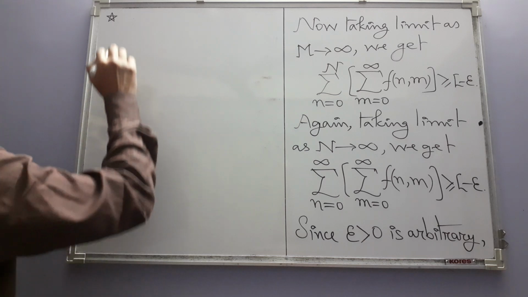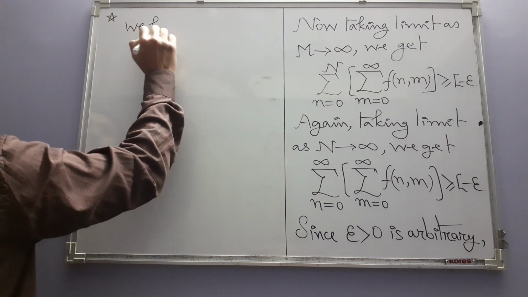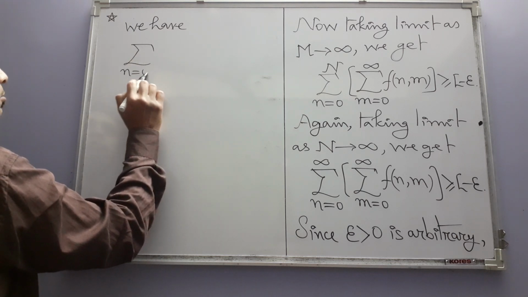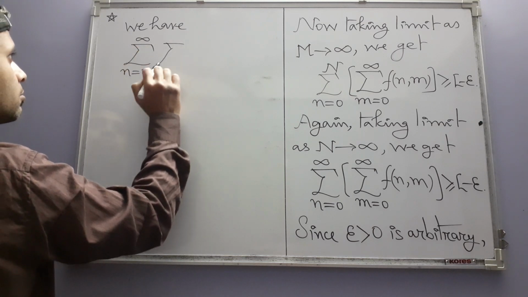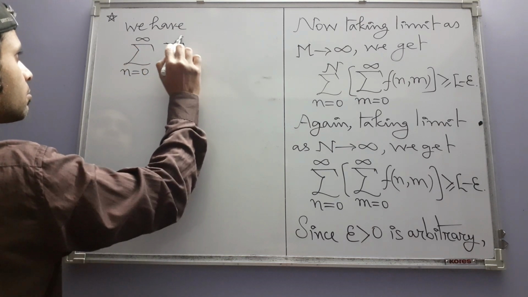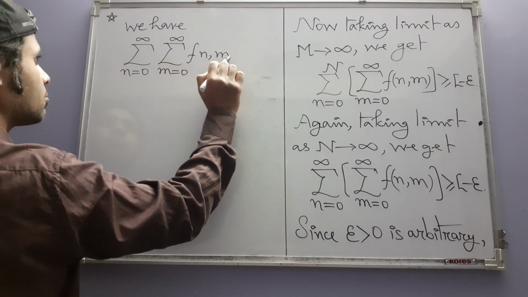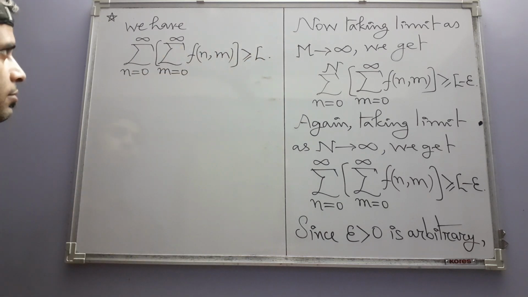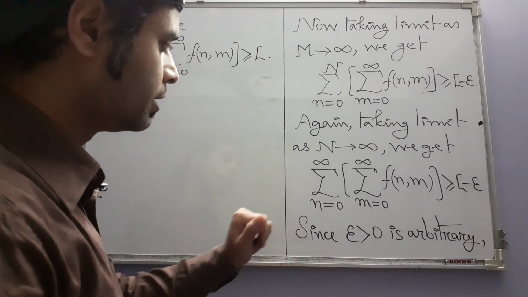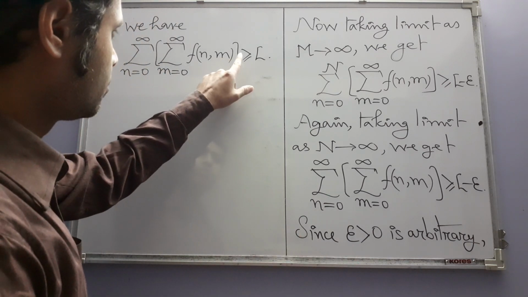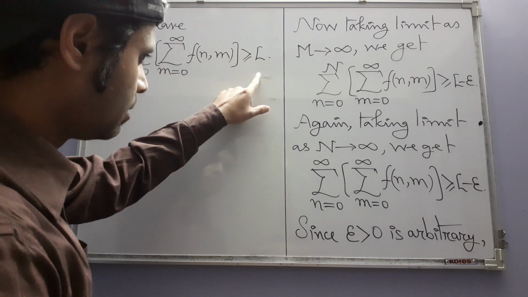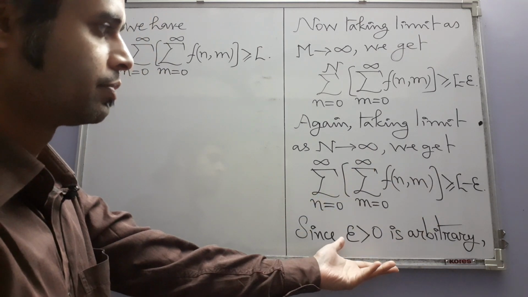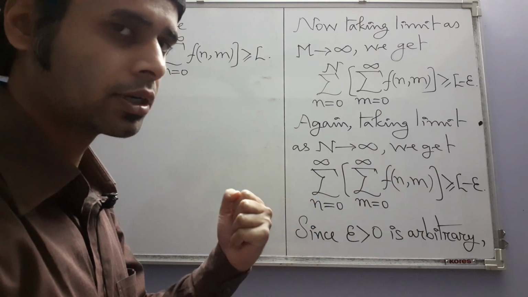Since this is arbitrary, I am just simply going to write we have this. What I was saying just now is that if you suppose that this is strictly less than L, then you can combine that with these statements to get a contradiction, and such situations have already occurred before.